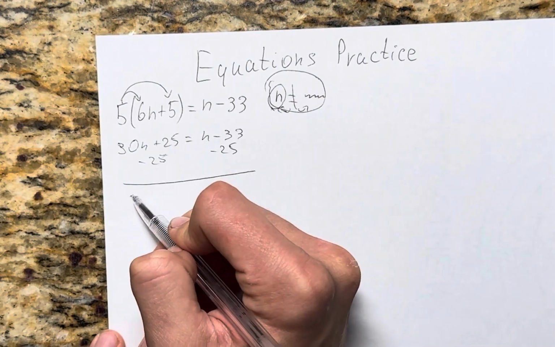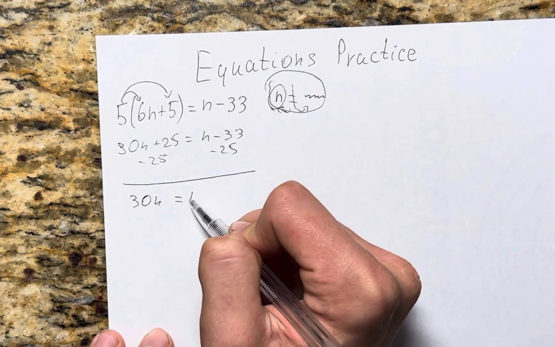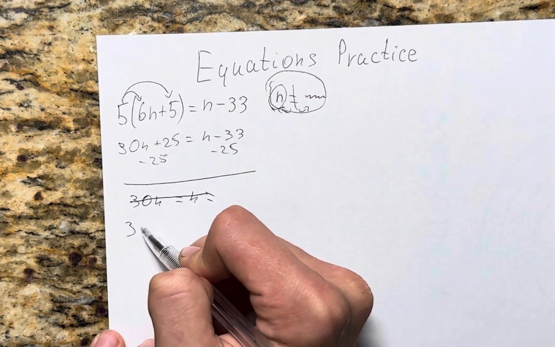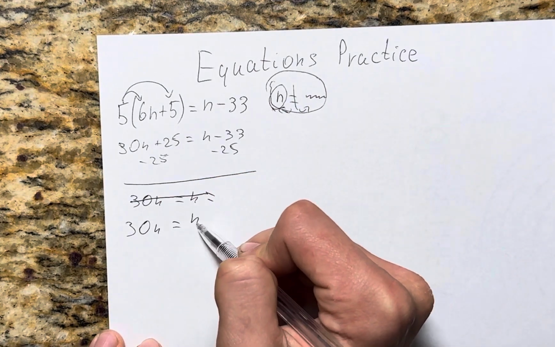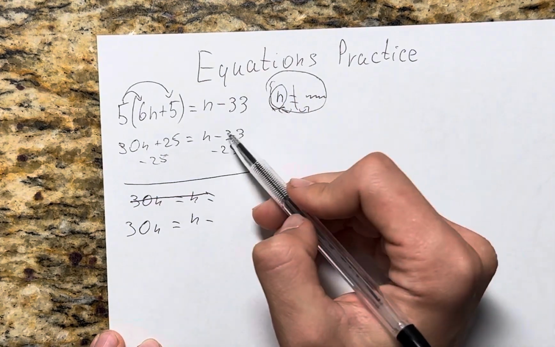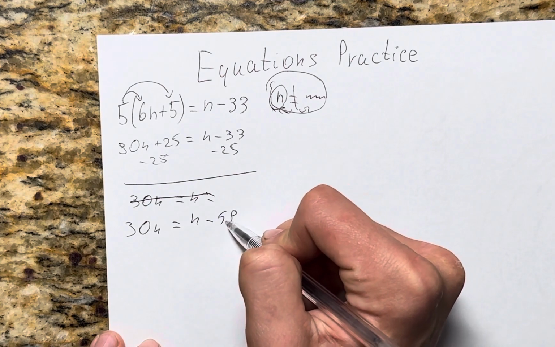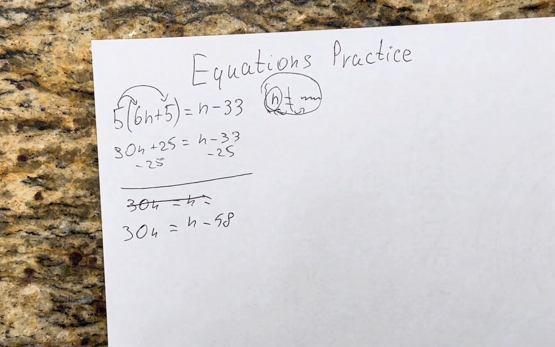We'll get 30n equals n minus 33 minus 25, which is negative 58.